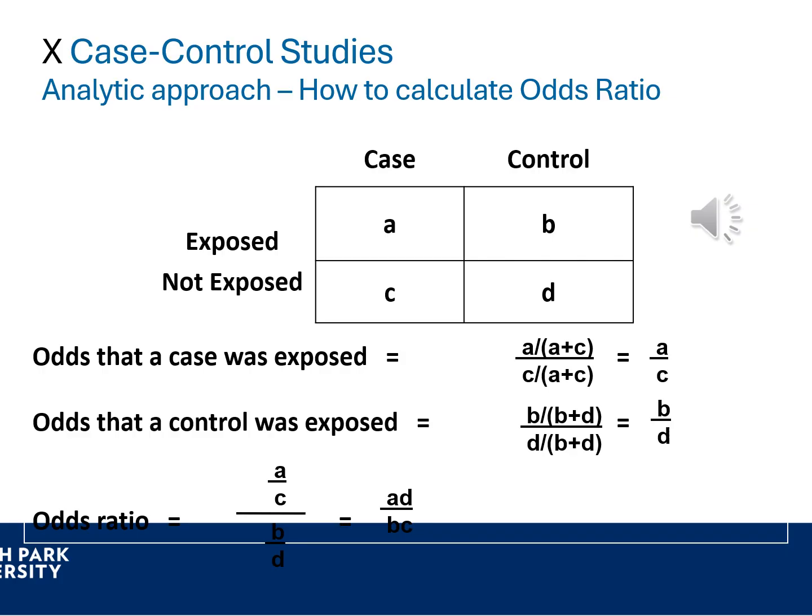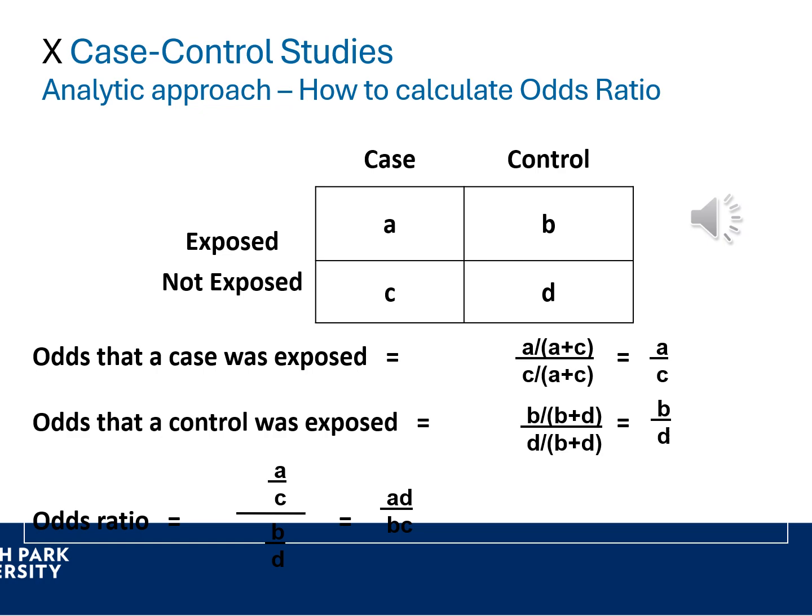So we again have A, B, C, D. And what we do this time is we cross multiply. We multiply A divided by A plus C and divide it by B over B plus D, you can see it there. If you remember from your algebra, when there's a common factor, A plus C or B plus D, those cancel out.